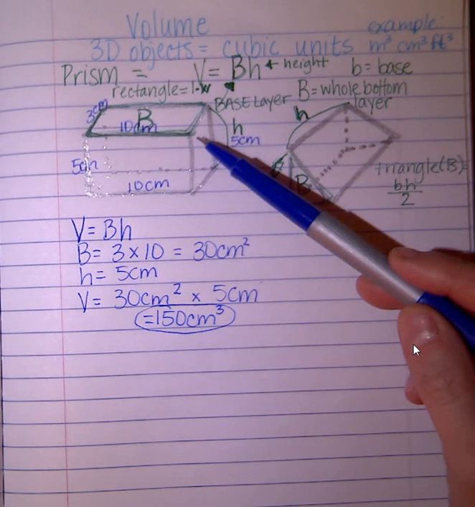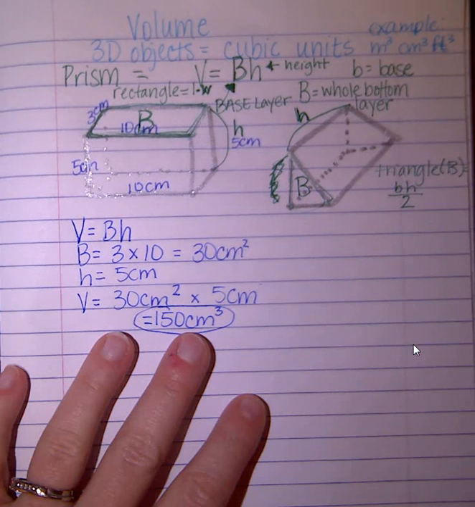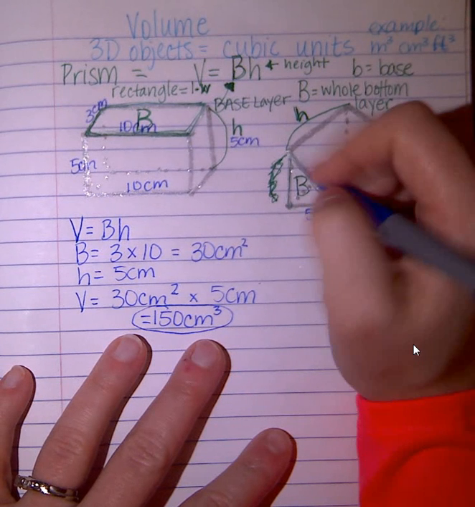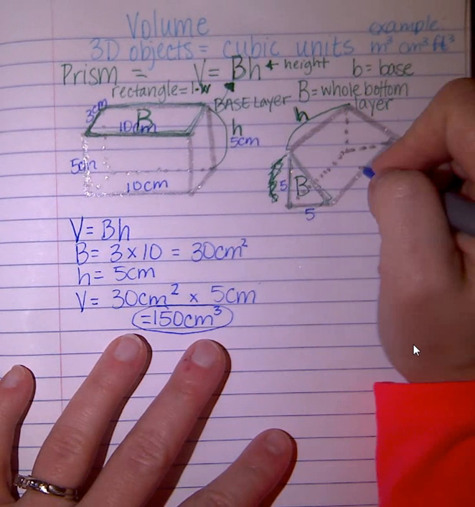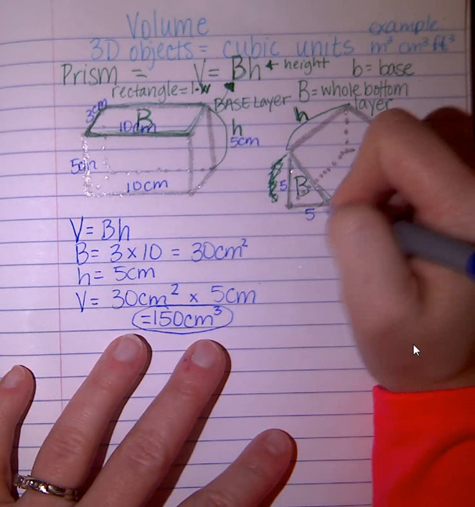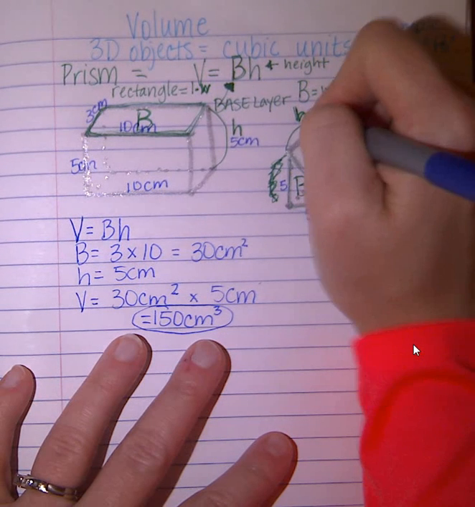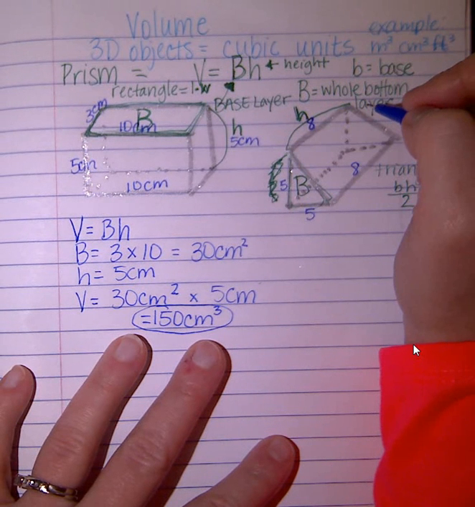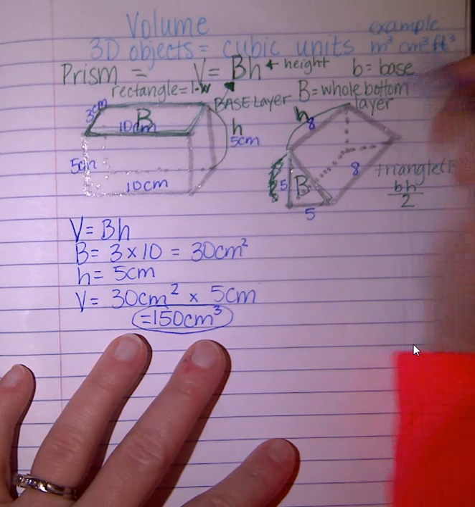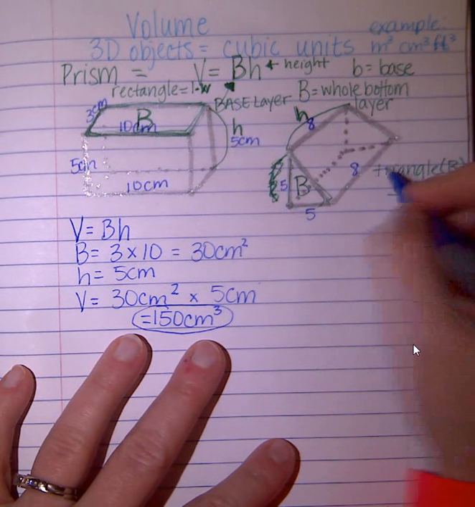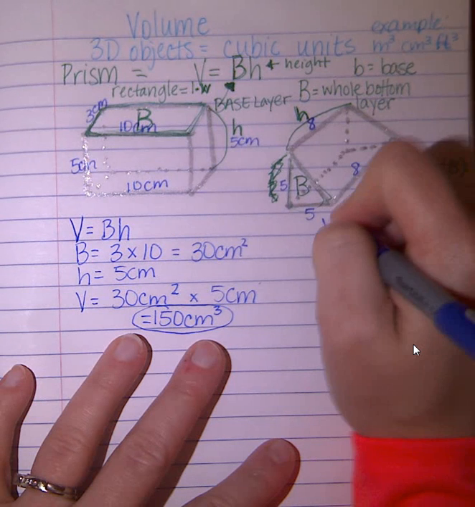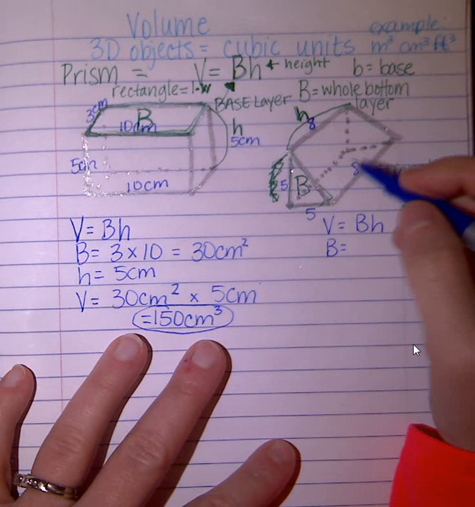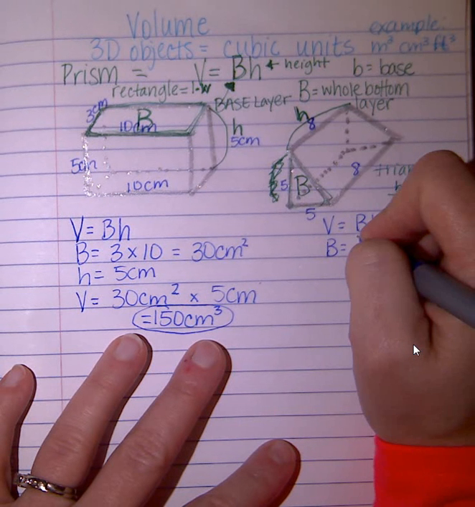That would be the volume of this rectangular prism. Now I'm going to do an example over here with the triangular prism. The height of the triangle is 5, and the height of the whole prism is 8. Now we're going to do the big B first. Let's write it again: big B times H. Big B equals base times height divided by 2.